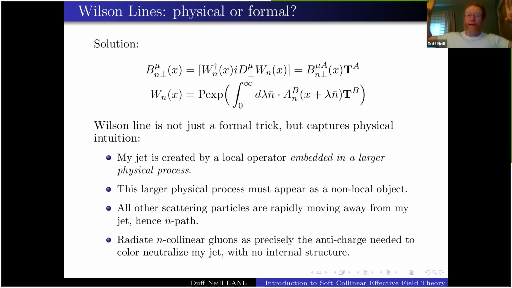So my jet will see all the other jets as being just a structureless charge moving fast away from it, in precisely the right representations to color neutralize the jet I have. And I won't be able to resolve any of the internal structure of those other jets.